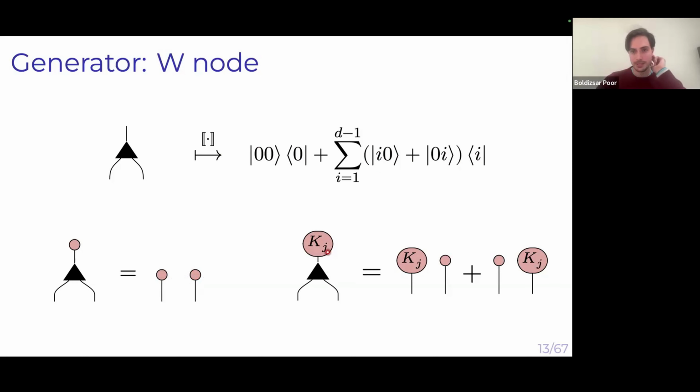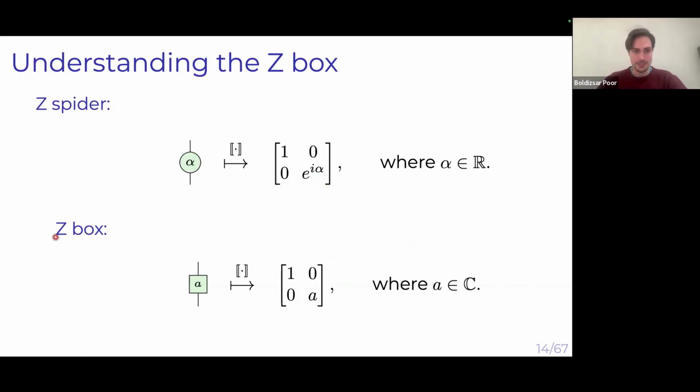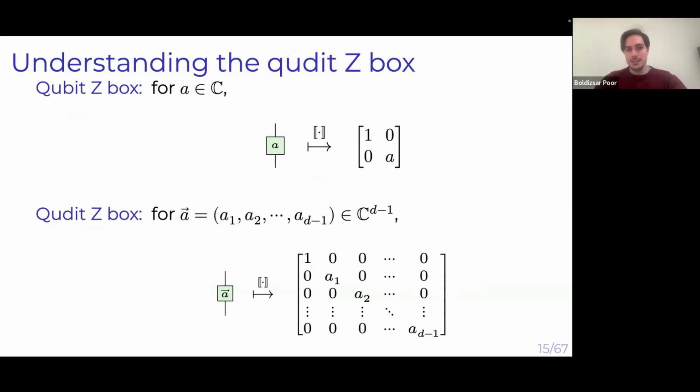So I mentioned the simple Z spider with 2 legs, but we also have phases, as we know. First of all, we have the Z spider, which corresponds to this diagonal matrix where the last element is e to the power of i alpha. So it's a rotation matrix, but we generalize this to the Z box, where this can be any complex number, not just phases. But we are in qudit dimensions, not just qubits.